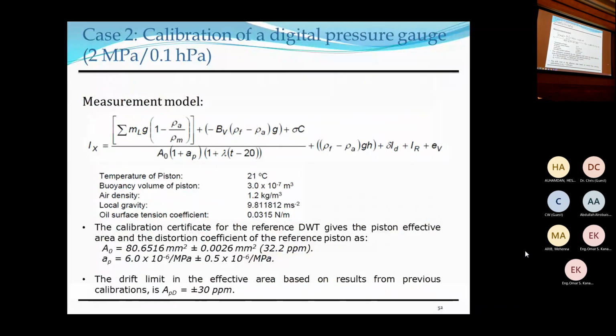Another example, again from mechanical metrology, the calibration of a digital pressure gauge using a deadweight tester. We're only considering here one pressure value, 2 megapascal. And so this is the measurement model.